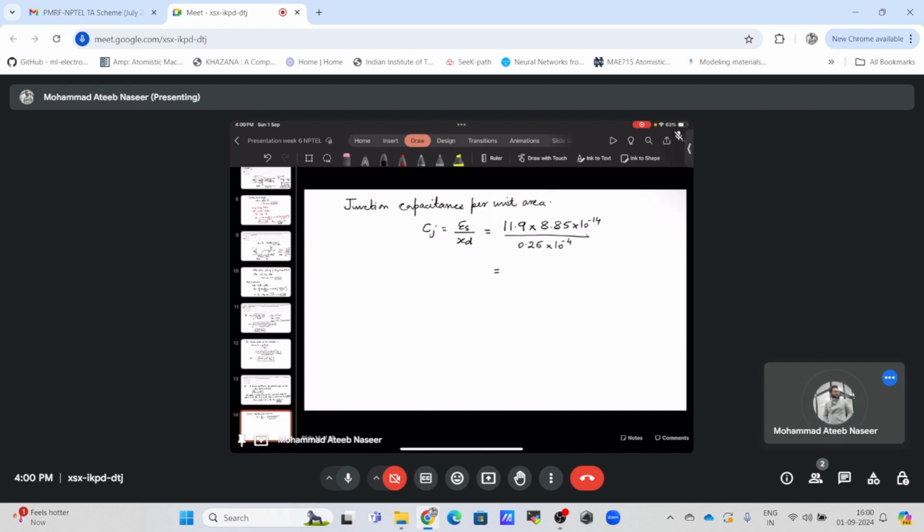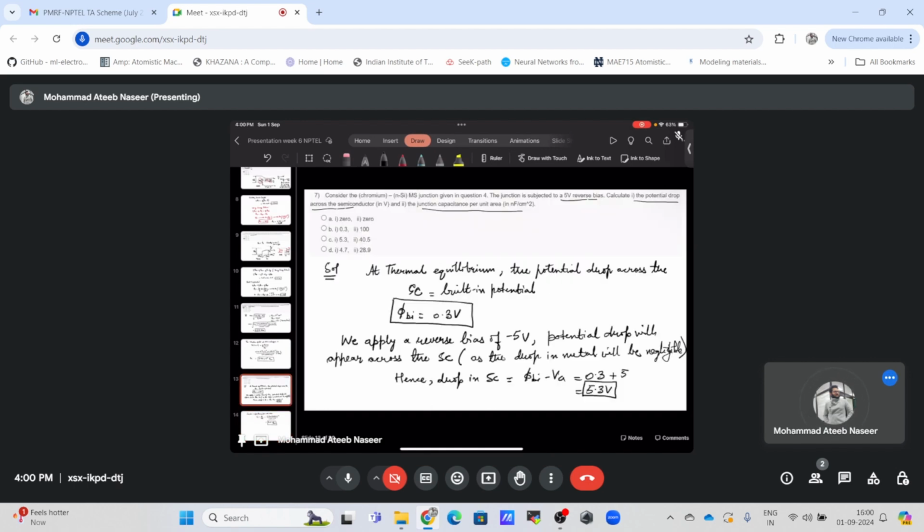Solving this, it is 40.5 nanofarad per centimeter square. So option C is the correct option to go with.